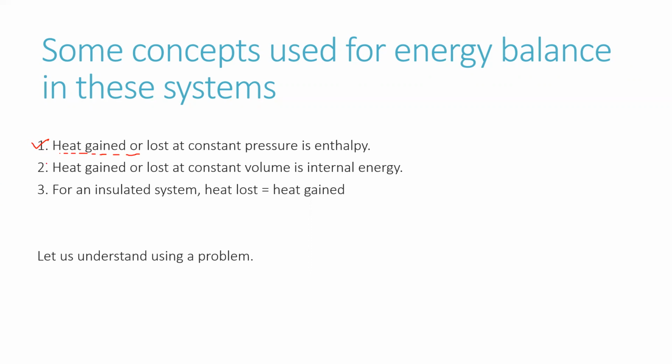Although you know this, I'm focusing on it once again. Similarly, heat gained or lost at constant volume is internal energy. And the third concept is that for an insulated system, heat lost is equal to heat gained.